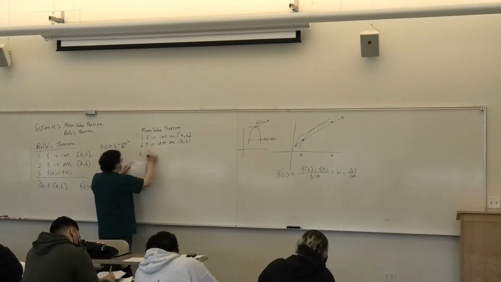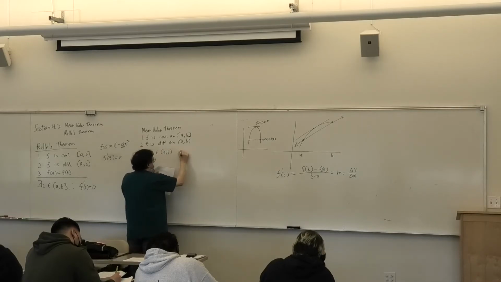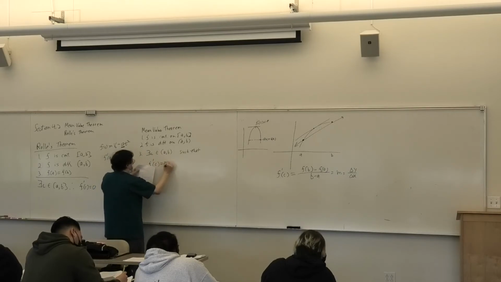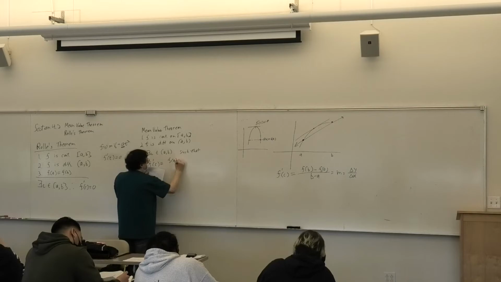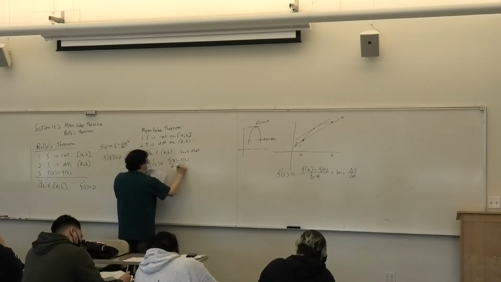Then there exists a c in (a, b) such that f prime of c equals f of b minus f of a over b minus a.